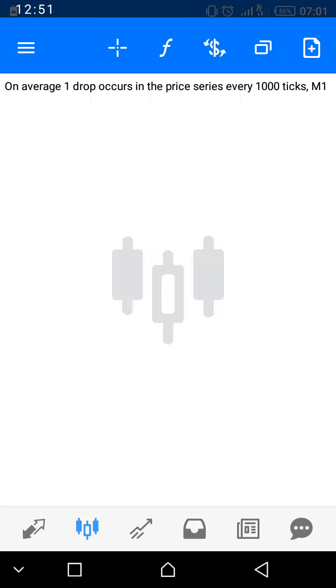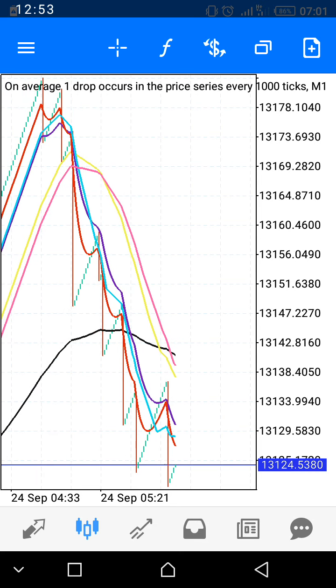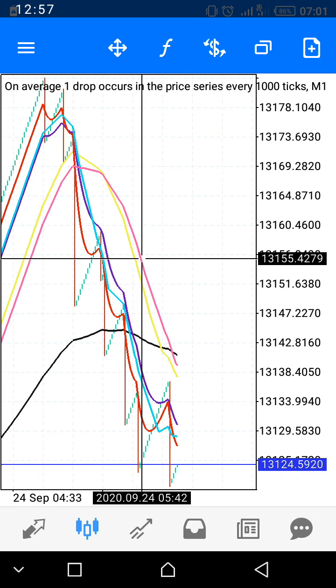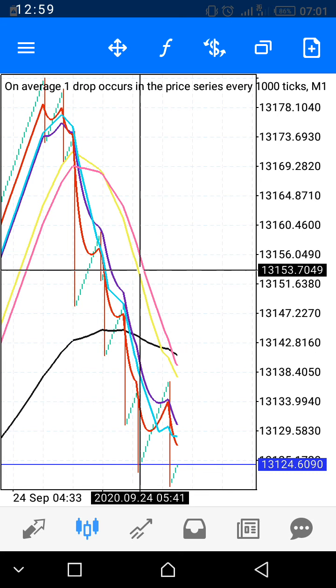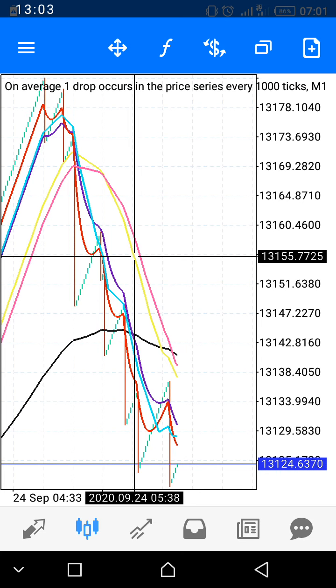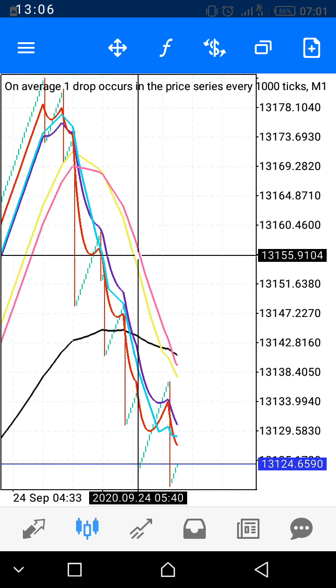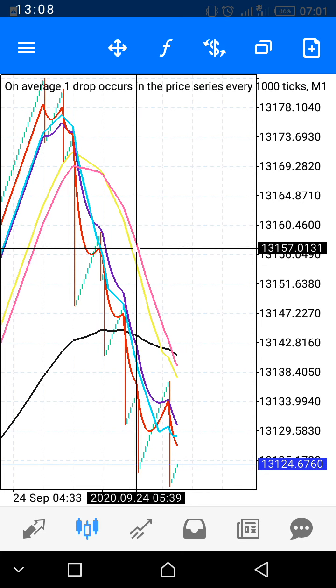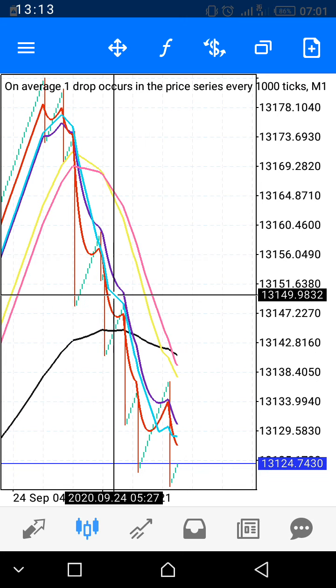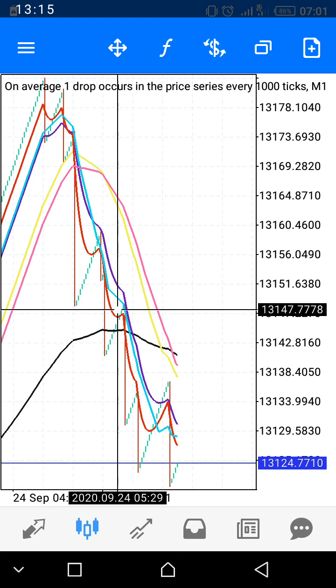And then click on done. So this is it. This yellow 48 EMA, this pink 55 SMA, 22 EMA, 19 SMA, 10 EMA, the red.